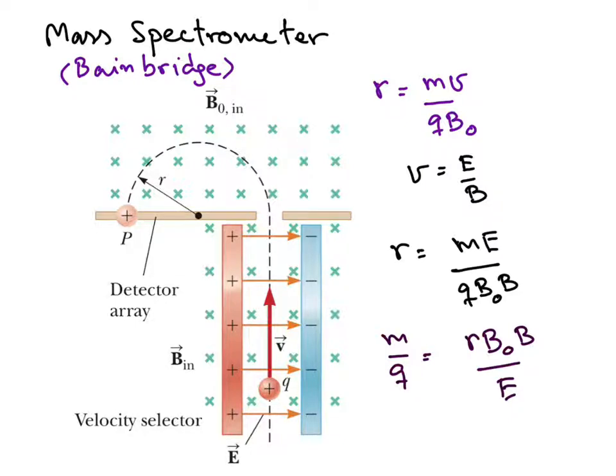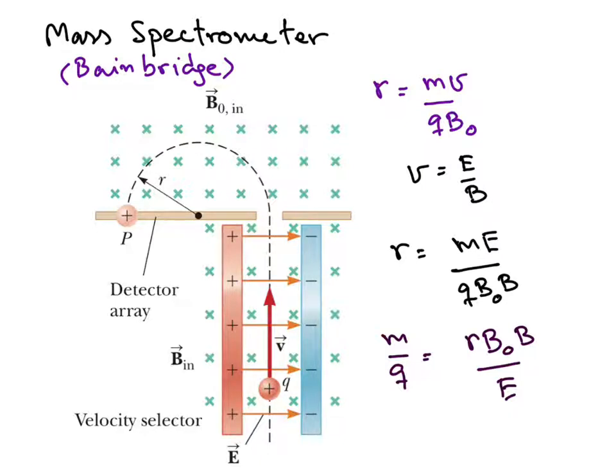If a particle has a velocity equal to E over B, where B is the magnetic field in this region and E is the electric field in this region, then any isotope that has this velocity can pass the velocity selector. It does not depend on the mass, because for the same element with a different isotope we have a different mass, right?